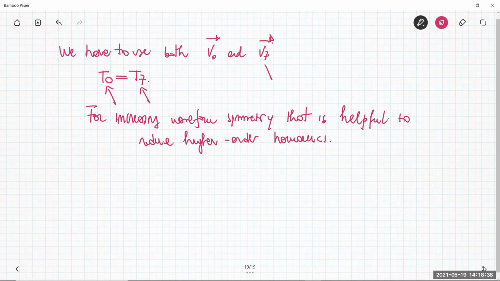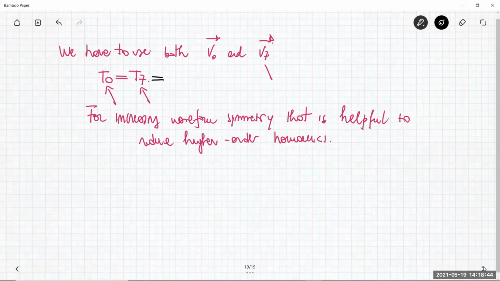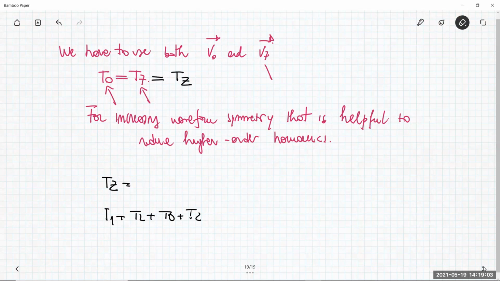Okay, so if you have that T0 is equal to T7, then we can call this equal interval T zeta. Then we have that T1 plus T2 plus T0 plus T7 is Ts.